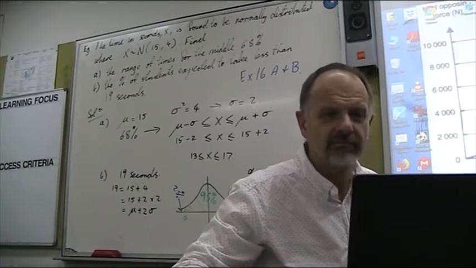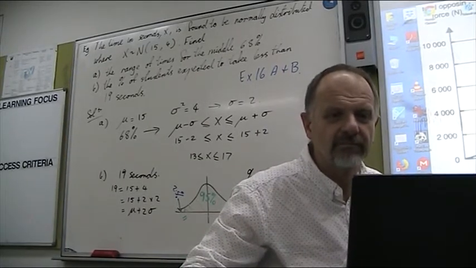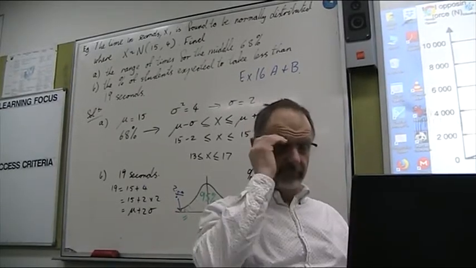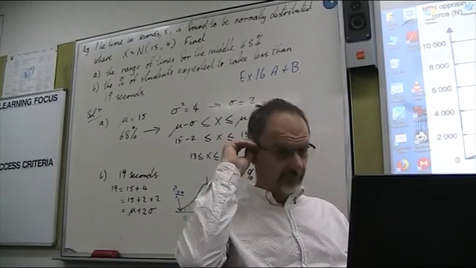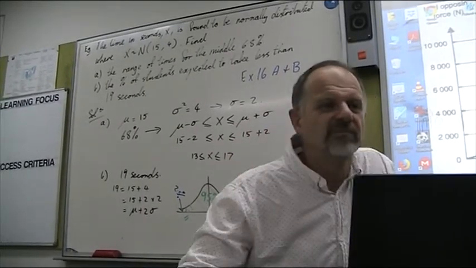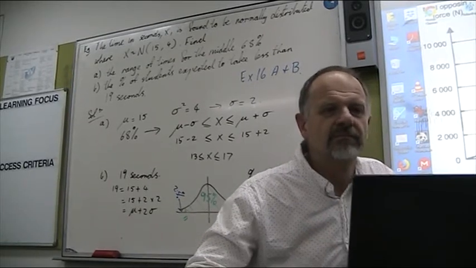So if that was like 23 seconds, for example, you go 15, which is your mean, plus 8, which is 3 times your sigma.